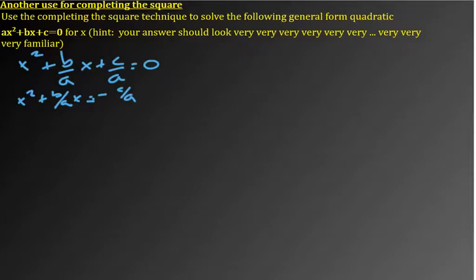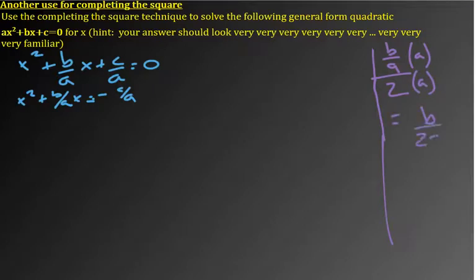And I'm going to do this off to the side here. b is b over a. So b over a over 2. This is where the complex fraction part comes in. If you multiply top and bottom by a, which is like a 1, right, you're going to get b over 2a. So this is what I add squared to both sides.